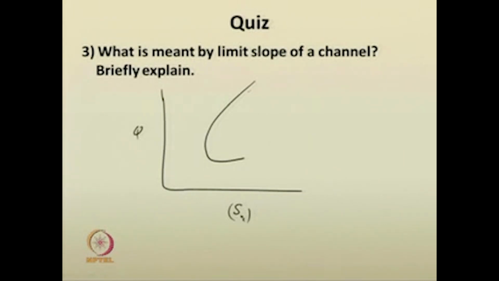This is the critical slope curve. So, the minimum possible critical slope for that channel is called the limit slope SL. I have already explained that in the class.